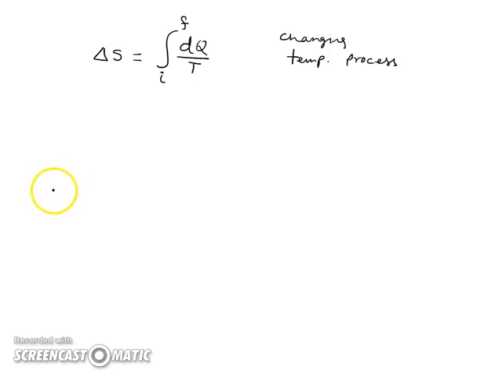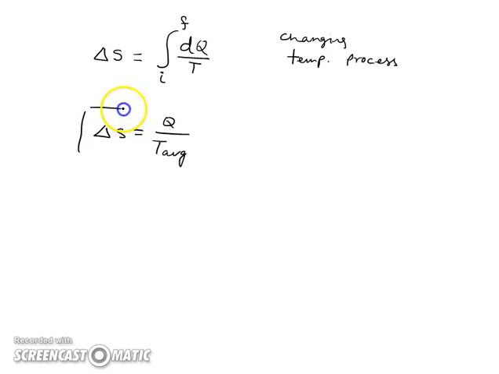Here we can also say that when the temperature change delta T of a system is small relative to the temperature before and after this process, the entropy change can be approximated. So we can also write delta S is equal to Q over T average, right?